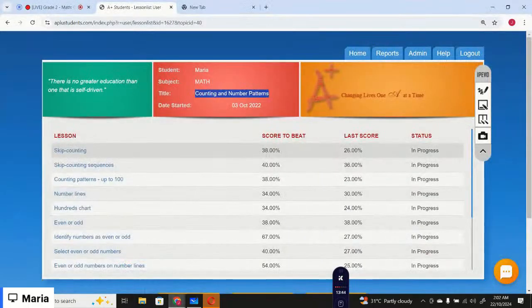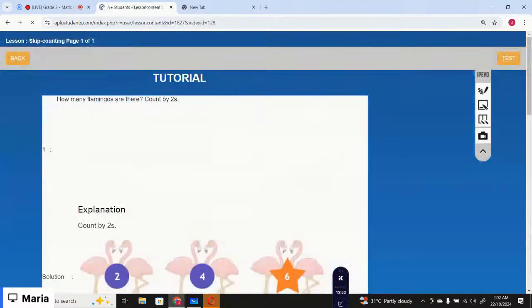Okay, here I am on grade 2 math. We're going to start with the chapter counting and number patterns. Let's just start with the lesson that is skip counting.